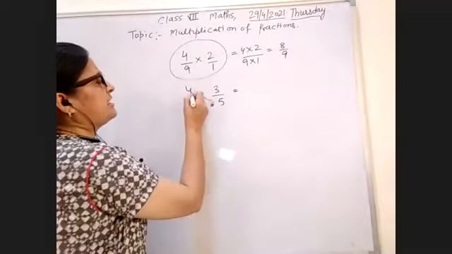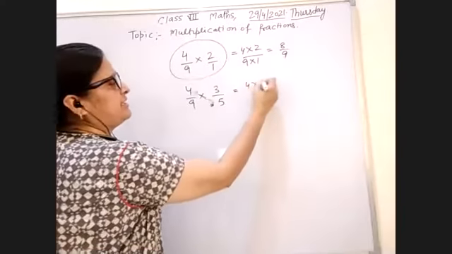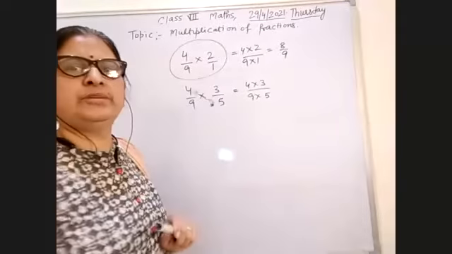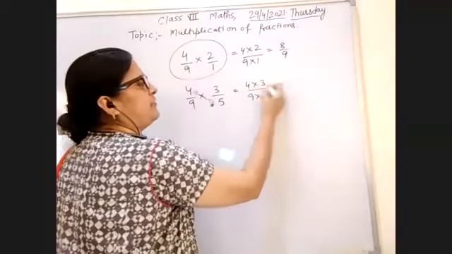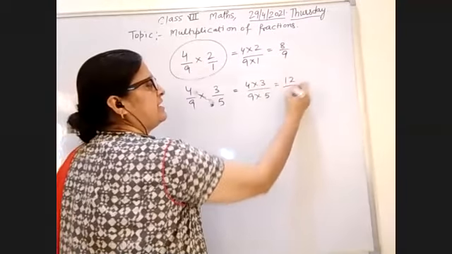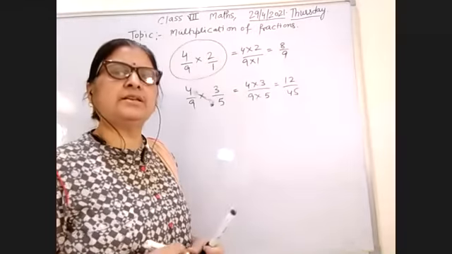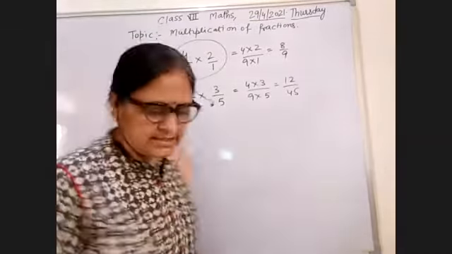So we multiply numerator with the numerator and denominator with the denominator. So we will get now 4 threes are 12 and 9 fives are 45. Okay, it's clear now.